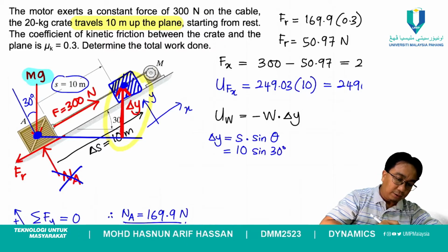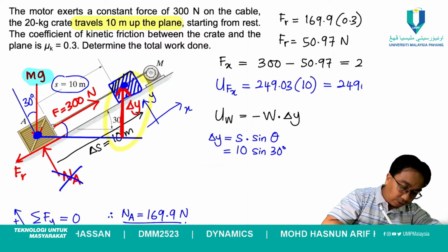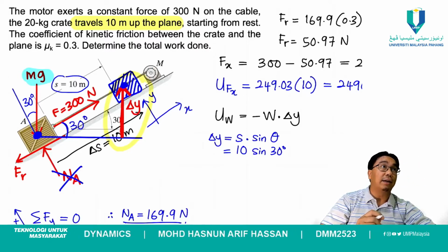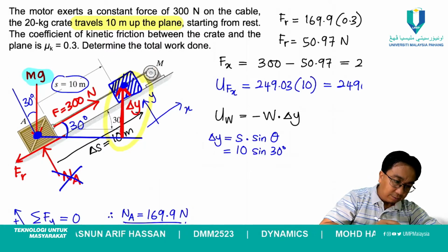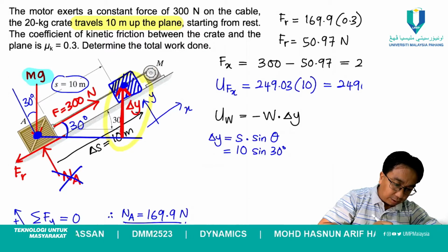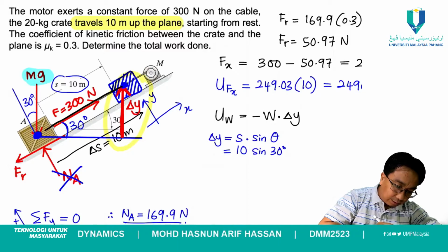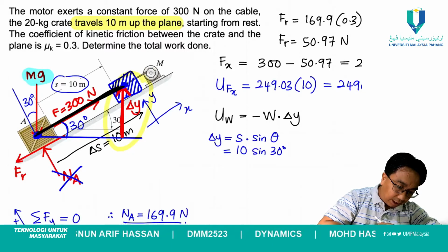Okay, because here you can draw 30 degrees over here. This is the 30 degrees angle. I made it thick here, sorry. This line here is basically 10 meter. This is the hypotenuse.